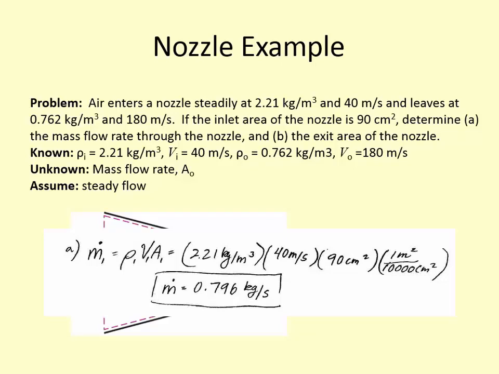Okay, so this gives us m dot 1, right? We're just looking at the inlet of the nozzle. So solving for m dot 1, we find it's 0.796 kilograms per second. So double checking my units, centimeters cancels out there. I have a meter squared and a meters, cancels out with meters cubed, so I'm left with kilograms per second. Perfect.